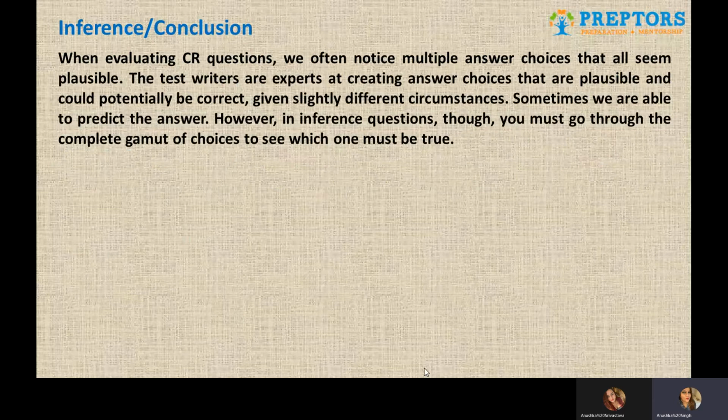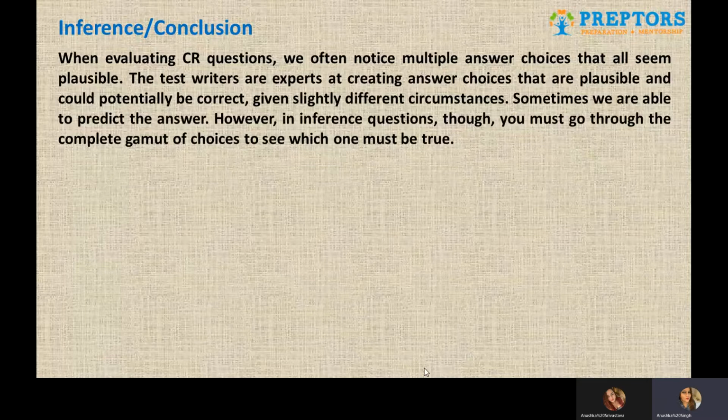When you're evaluating critical reasoning questions, you should notice multiple answer choices which are plausible. When I say plausible, I mean they're potential answer choices. Sometimes you have to go through a whole gamut of choices.